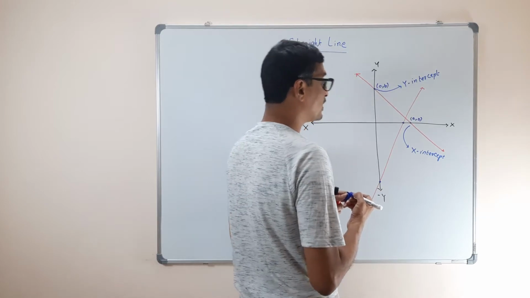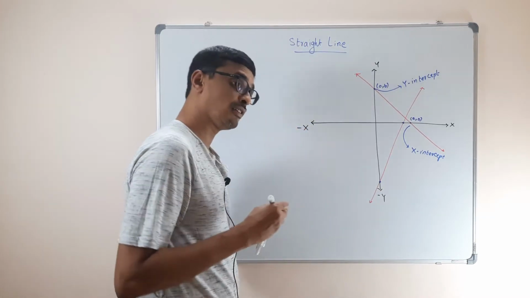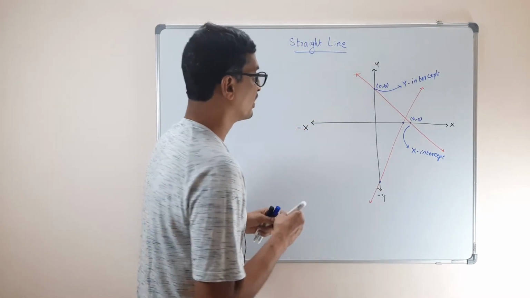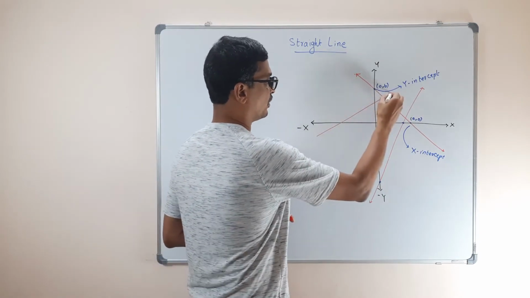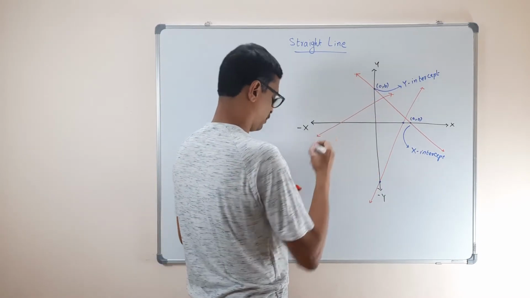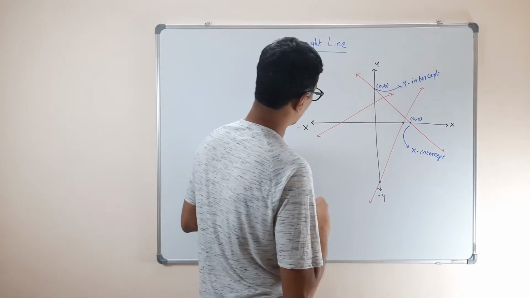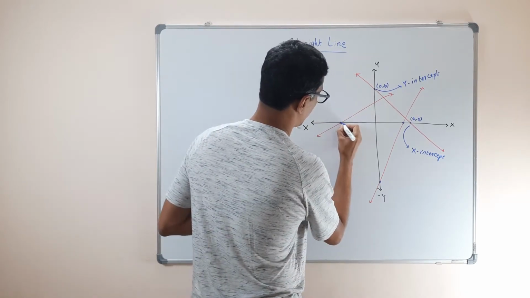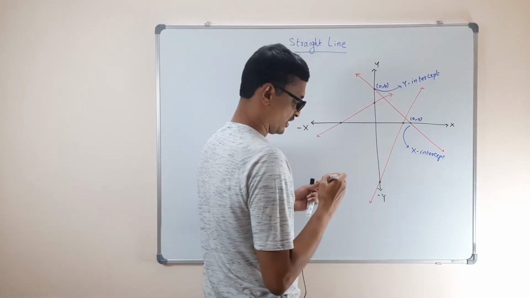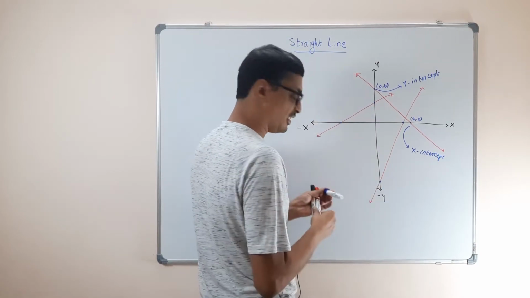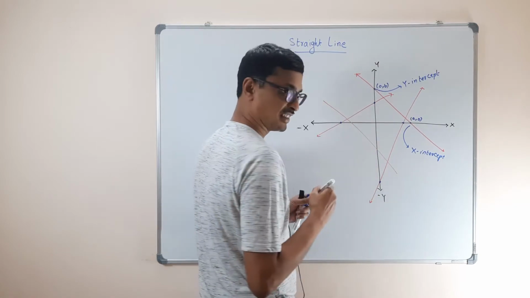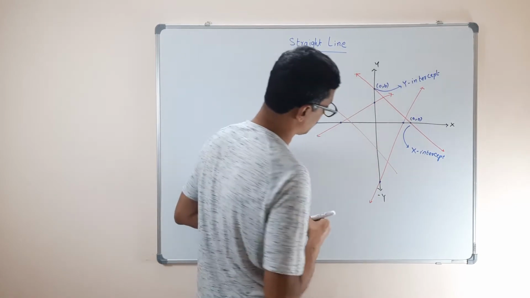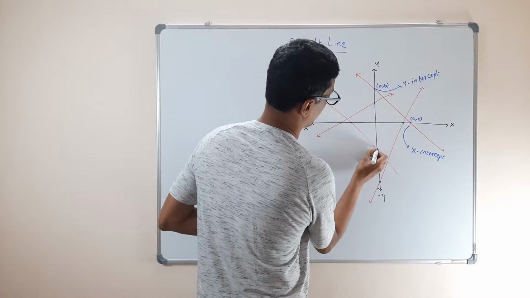Can you have x-intercept negative and y-intercept positive? Here, the x-intercept is negative and the y-intercept is positive. Similarly, if you have a line here, both of them will be negative.